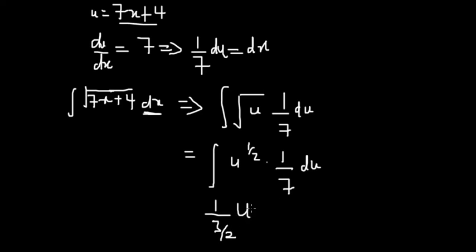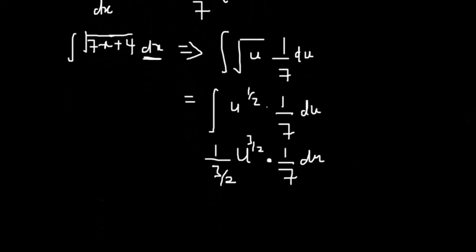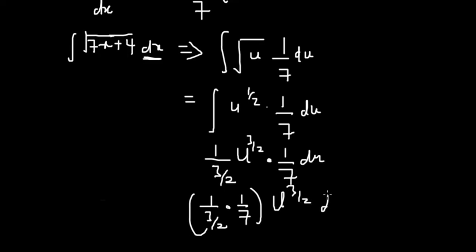Then you multiply that by 1 over 7 du. This is just simple multiplication. So this is 1 over 3 on 2 multiplying 1 over 7, and then you have u exponent 3 on 2, and then du.